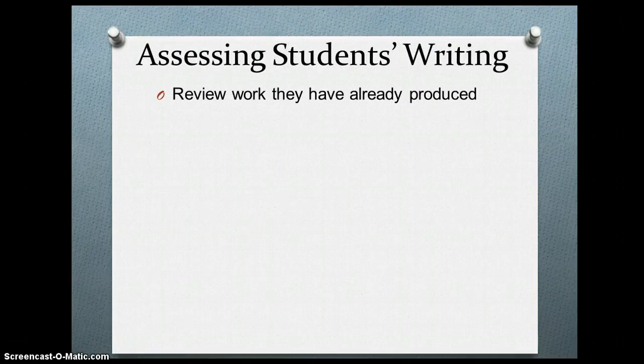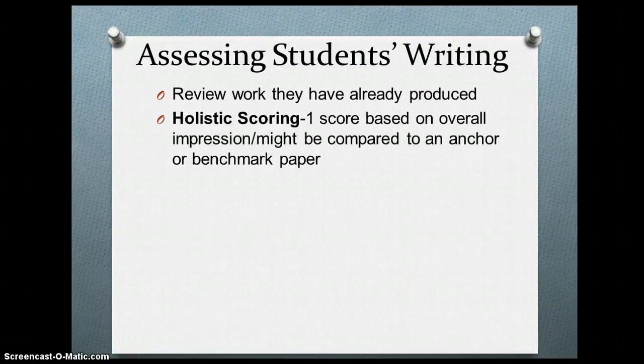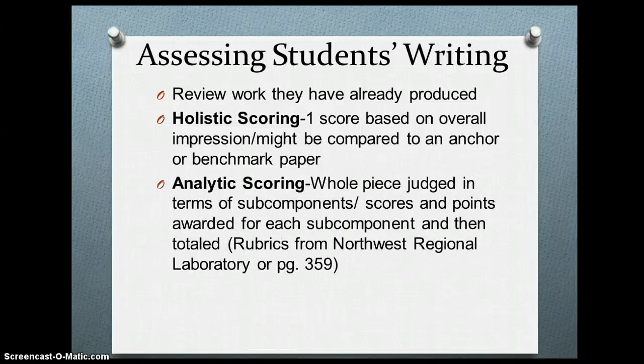So, in order to assess the student's writing, you can review work they've already produced. And then holistic scoring would be one score based on an overall impression. Analytic scoring would be you use a whole piece, but you judge it in terms of subcomponents.